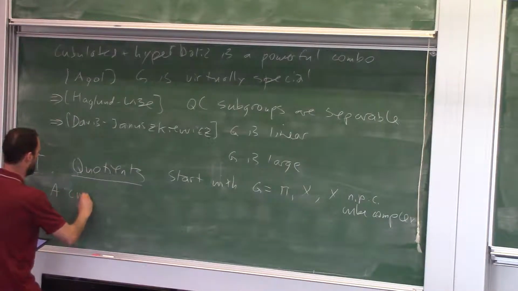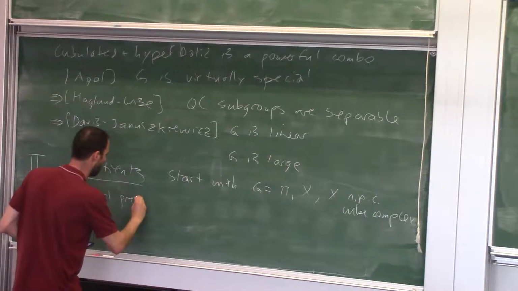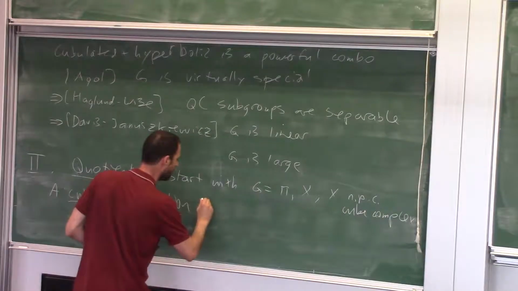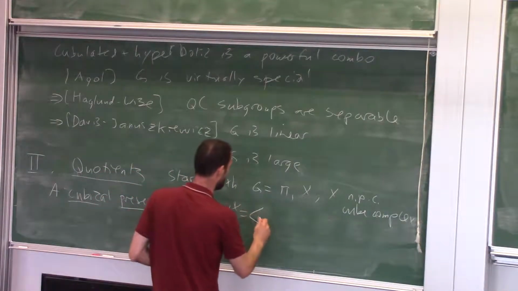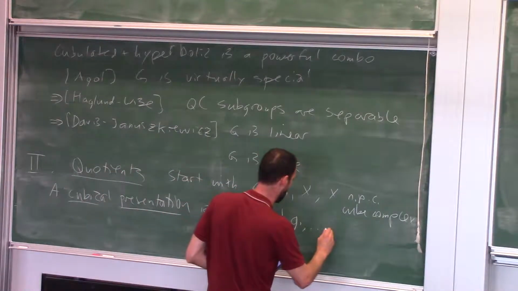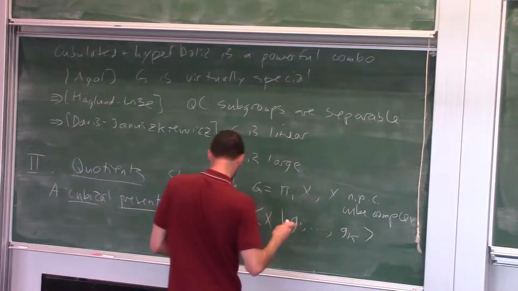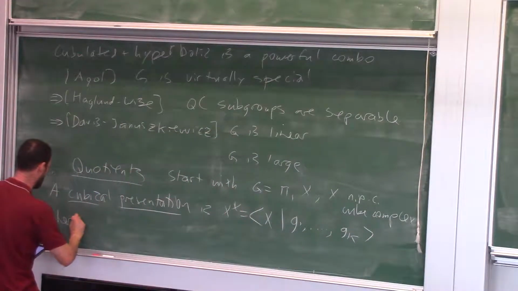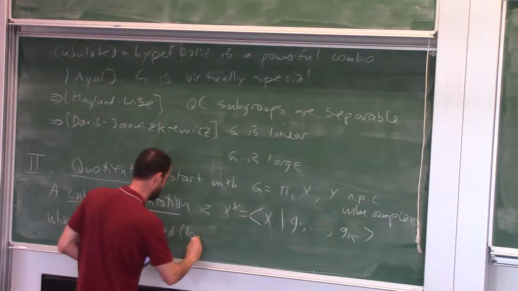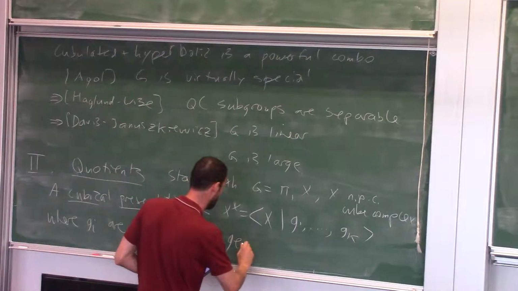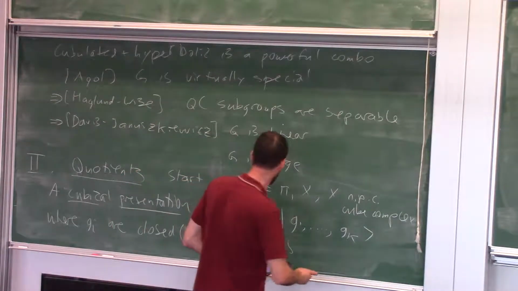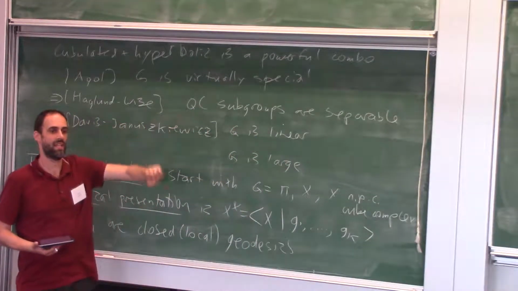So a cubical presentation is X*, something in the form X, where I've chosen a bunch of geodesics, g_1 through g_k, where the g_i are closed local geodesics.